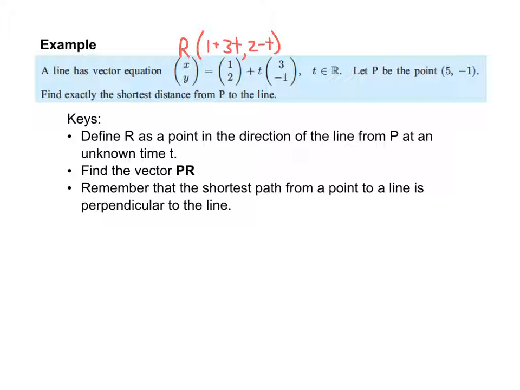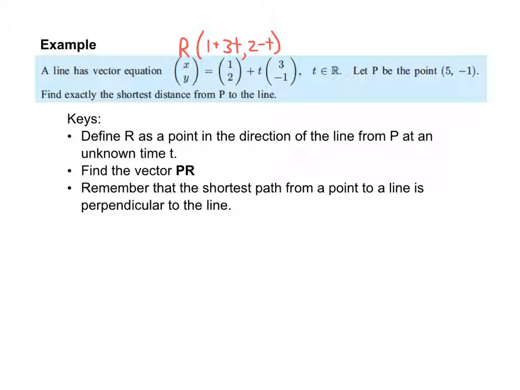So here's where I've got to figure out a couple of things. I defined R as a point, a point on that line. Now I have point P, and that's 5, negative 1.